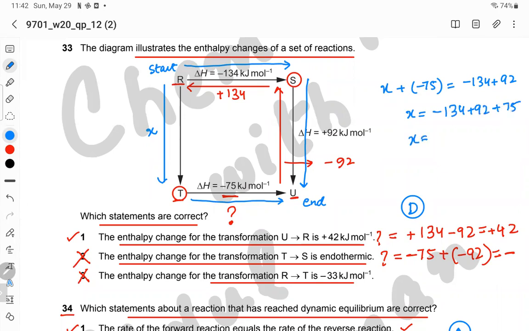So I think, I'm not sure, but 90 and 70 gives me 160, and it will be minus 134 plus 167. So I think you will get the answer positive 33. And here they have given you minus 33. That's why third statement is wrong. Yes, is it clear?